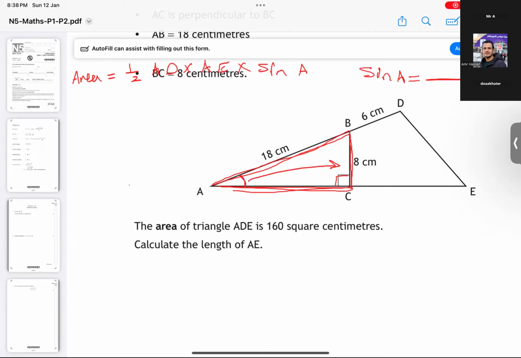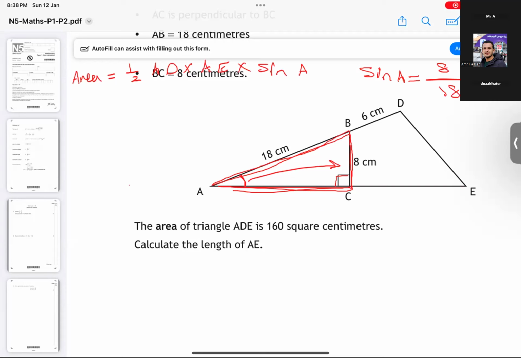Do you know why I picked sine A specifically? Yeah, because we are trying to find the area, and the area of the triangle depends on the sine rule, right? So I have the opposite, so it's going to be 8 over 18, right?